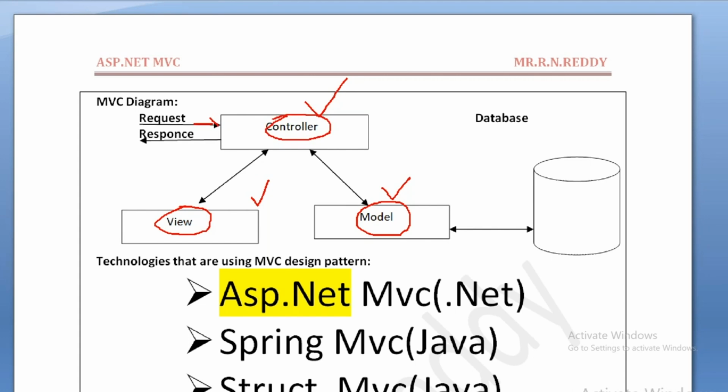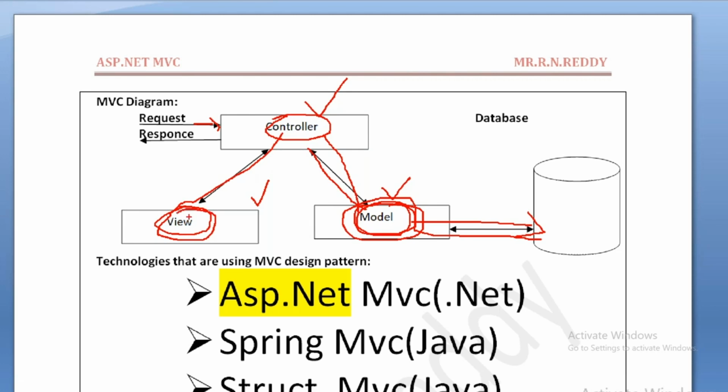Request will come to the controller, and based on the request, if it is required to communicate with the database, then controller will forward that request to model, and model will communicate with the database to get the data, perform operations, and it will come with the result. That result again it will give to the controller. To display that result to the user with the help of a web page, you require view. That's why controller again will return that result to the view.